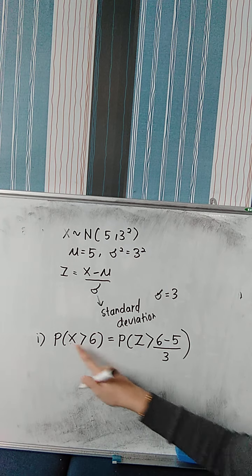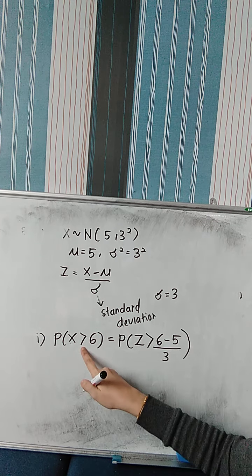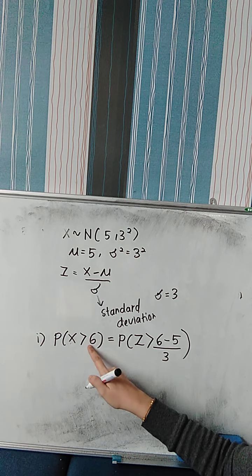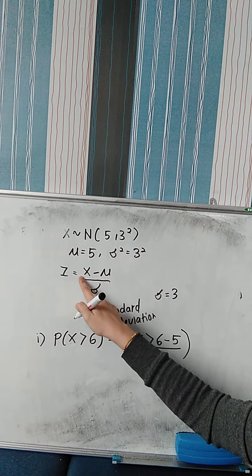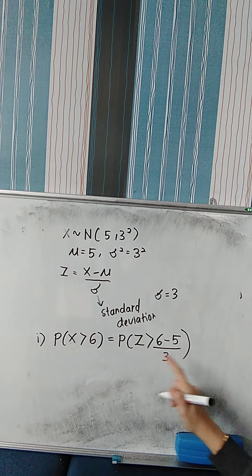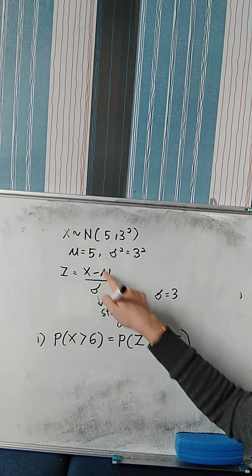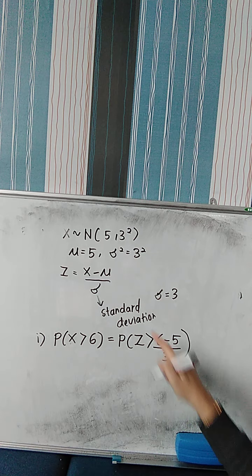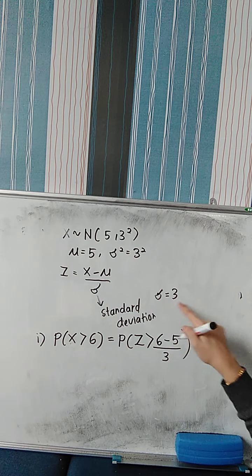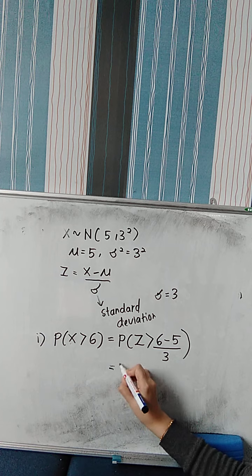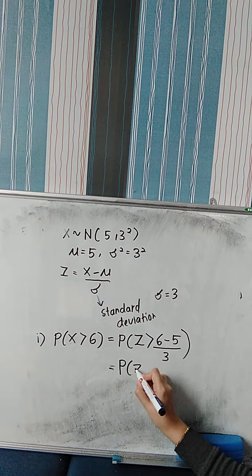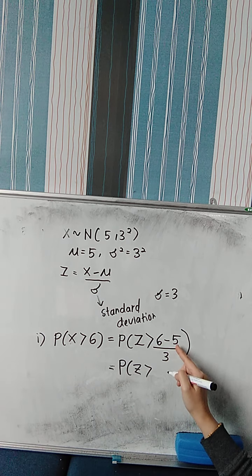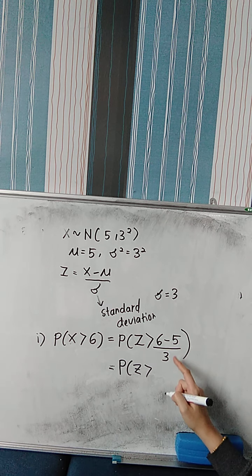So X becomes Z, still more than. 6 is the value of X. So 6 minus 5, your mu is 5, divide by 3. Your standard deviation is 3. And then P(Z more than (6 minus 5) divide by 3).